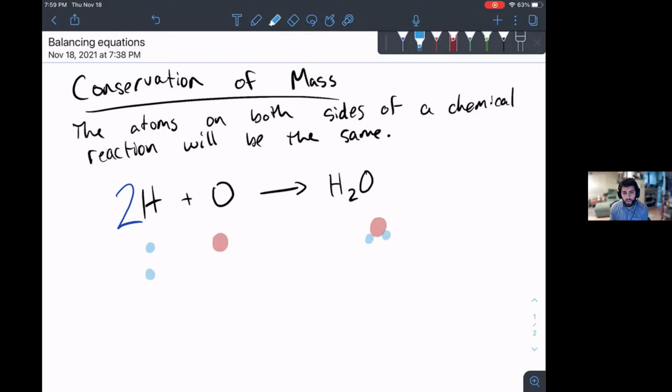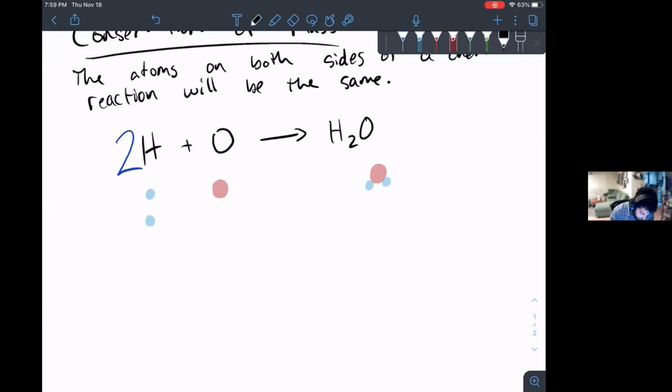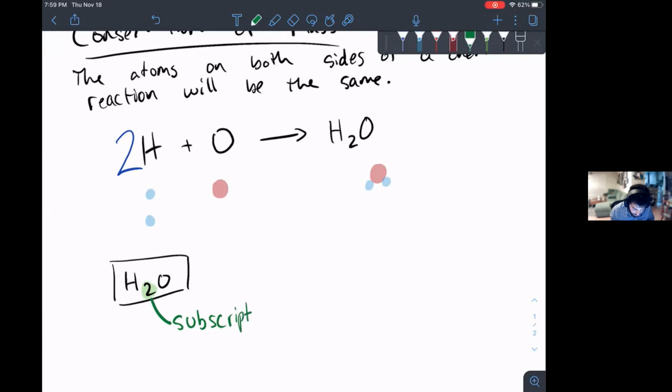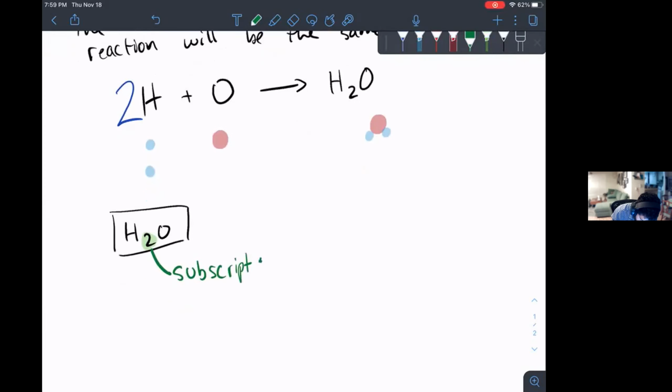But before we move any further, we have to clarify a couple of things. I'm going to once again use my example of water. It's got a couple parts to it. We have this little number down here, and this number is what we call a subscript. A couple things about subscripts: they cannot change.